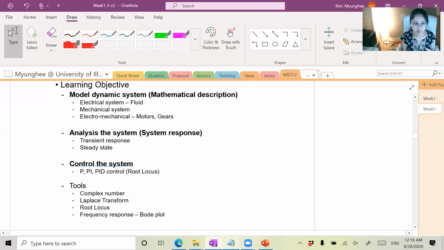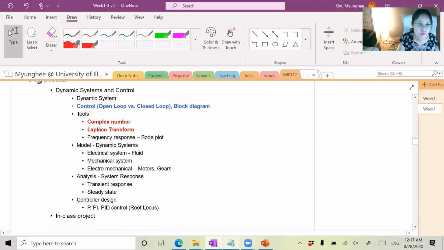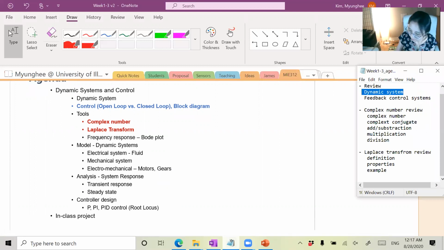In this course, we use some tools such as complex number and Laplace transform. So today, we will review the tools, complex number and the Laplace transform.